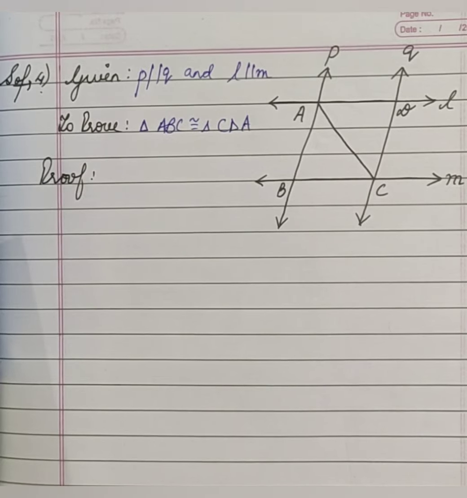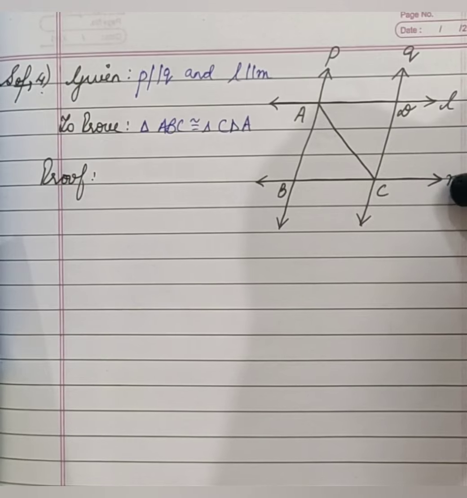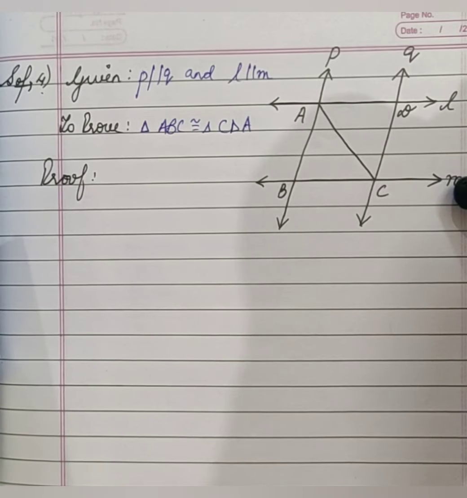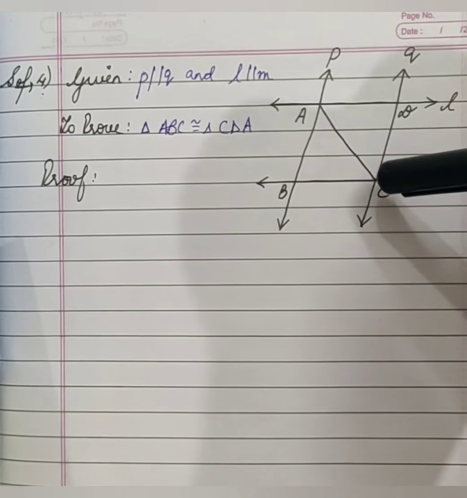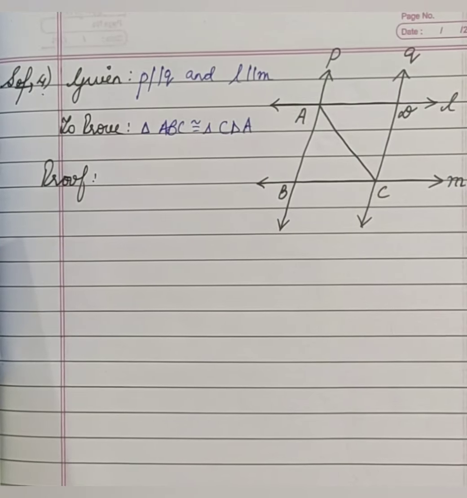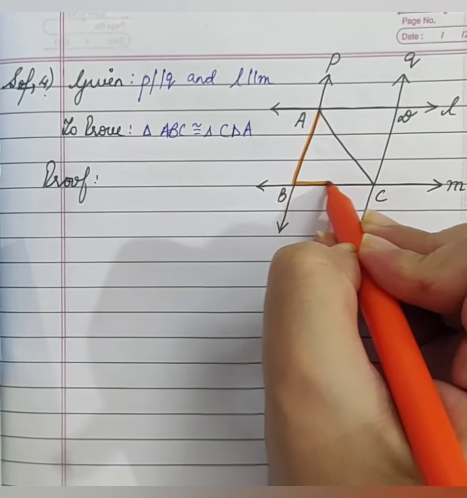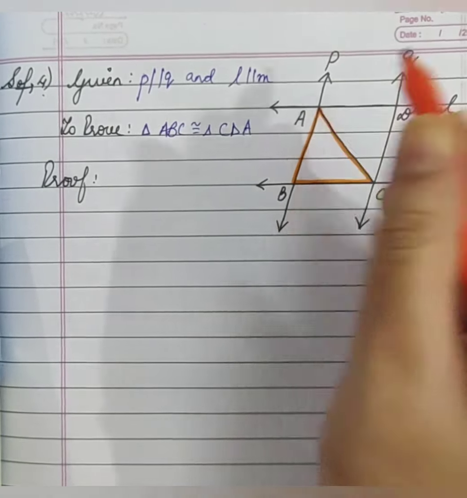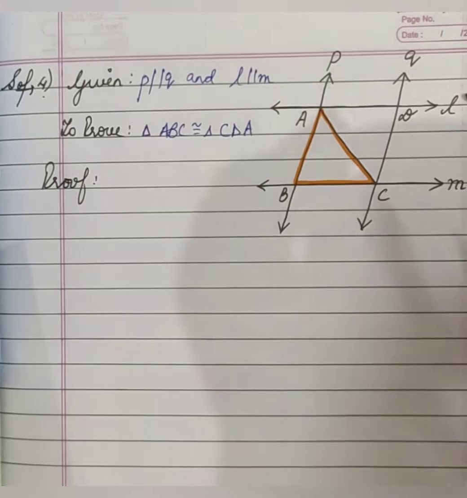Let's start with question number 4. In this question, it is given P is parallel to Q and L is parallel to M. And we are supposed to prove triangle ABC is congruent to triangle CDA. I'll highlight these two triangles. ABC is this orange triangle and CDA is this blue triangle.